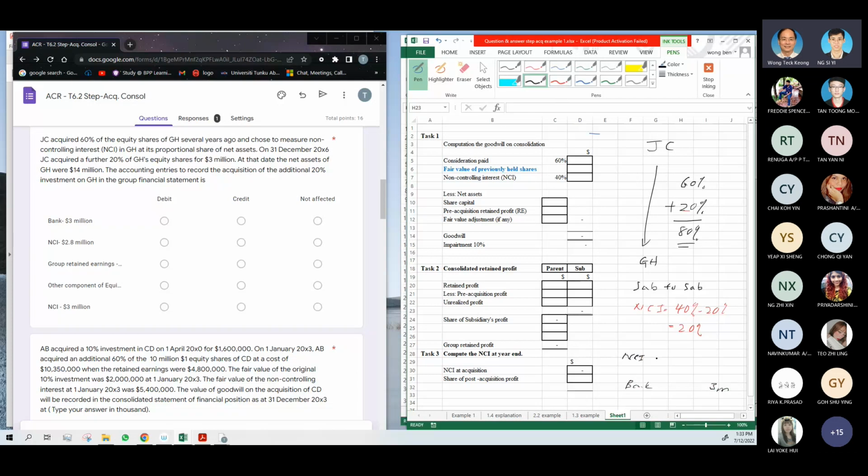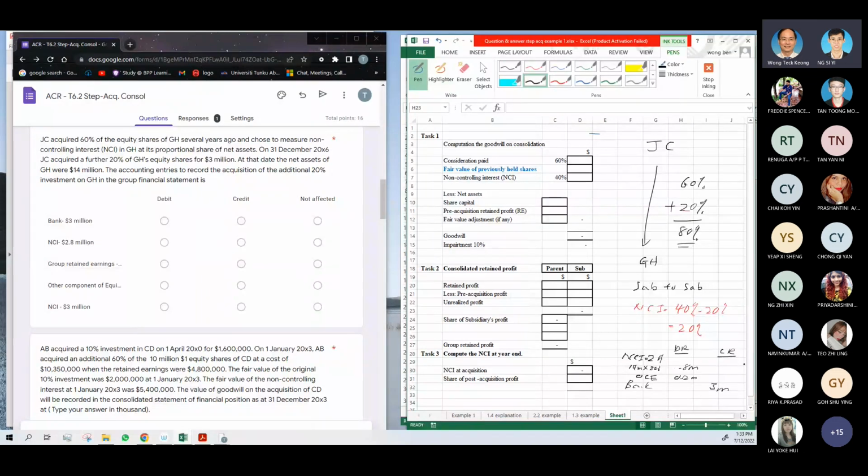NCI is credit, so you debit NCI, credit the bank. So NCI, 20% of it. The net asset is 40 million, so 20% of it is 2.8 million. So the difference of 0.2 million is on the debit side. So you go to OCE.